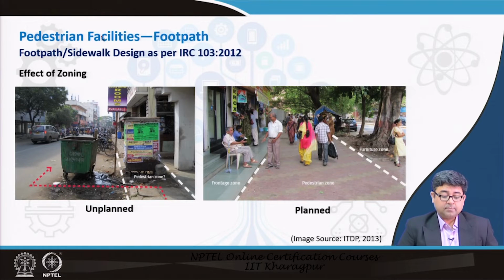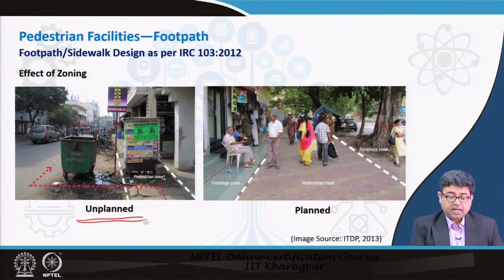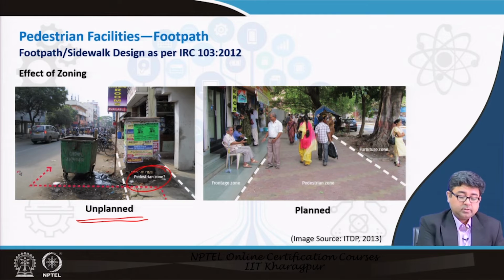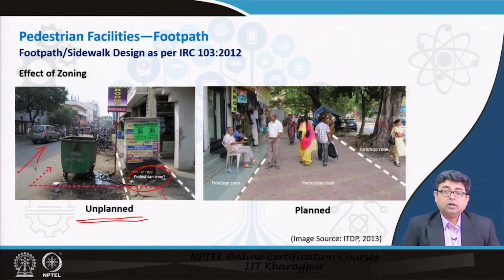Here is a good example of the effect of zoning. This is an unplanned picture. You do not know where the pedestrian zone is, you do not know where people should walk; people then end up walking on the carriageway or on the pavement. Whereas, if you have planned it in a proper manner, now you have demarcated the pedestrian zone.